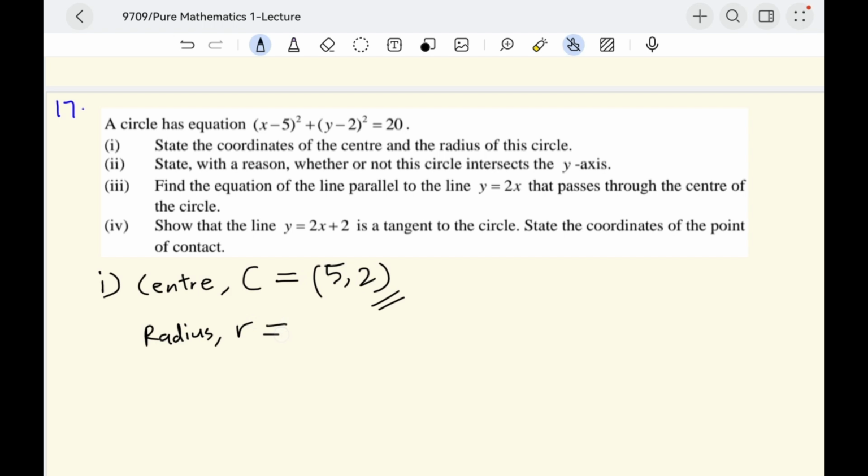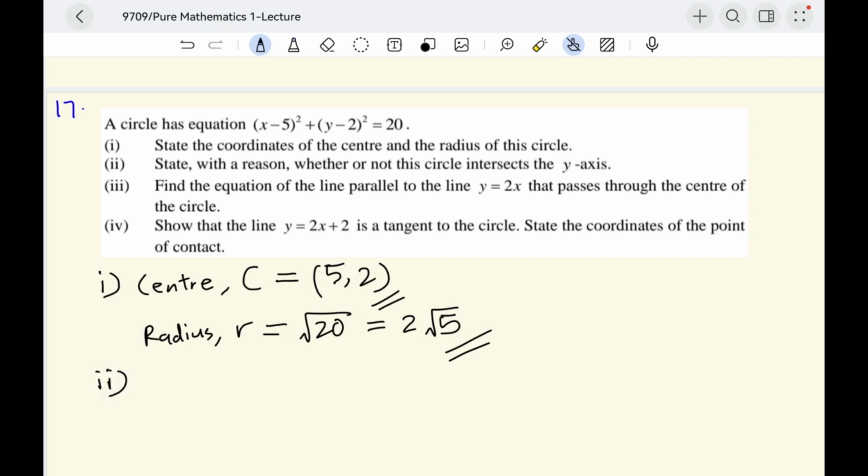It's just the square root of this numerical value from the standard form of the equation of circle. So I have to take the square root of 20, which is 2√5. Okay, I'm encouraging you to leave your answer of the radius in the exact form, instead of leaving it as a decimal value. So that's the answer for the center of the circle and the radius.